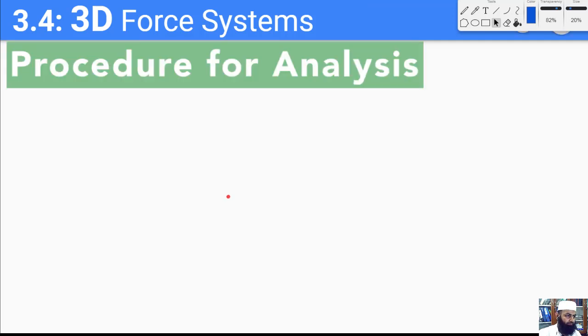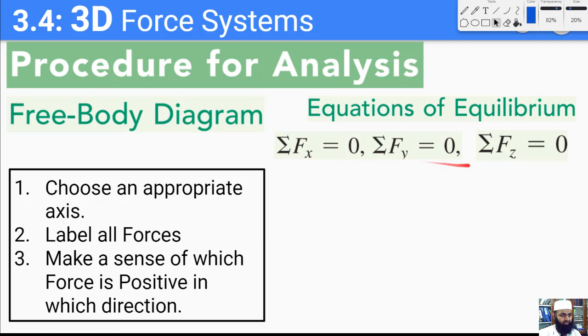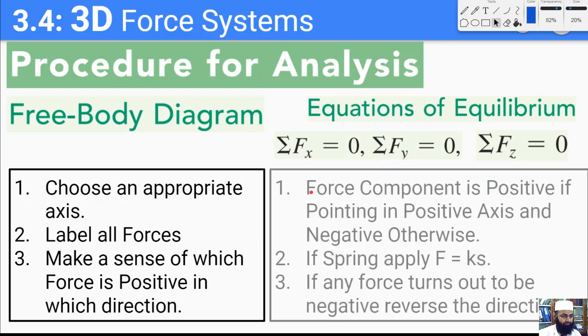Okay, so moving on, our procedure of analysis is pretty similar. First of all, we draw a free body diagram, then we choose an appropriate axis, then we label all the forces, and then we assign the sense of each force to be positive or negative as we did before, and then we solve the equilibrium equations.